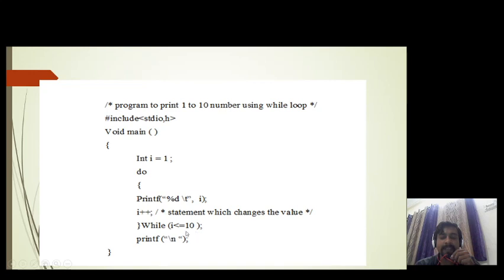As long as the value of i is less than or equal to 10, my loop is executed, and it will come out after the termination condition. So in this way we can differentiate between our conditional loop and our unconditional loop. Similarly, we have checked our looping statements: for loop, while loop, and do while loop.